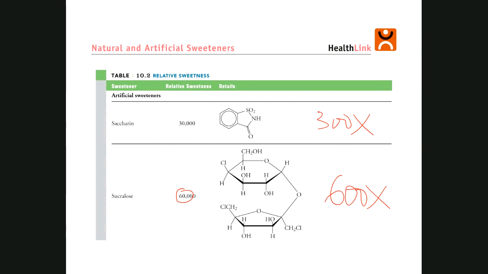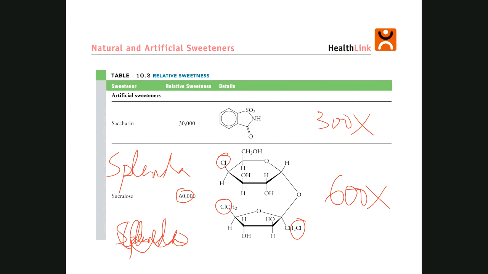This is Splenda. That's the original brand name. Again, the patent has run out. Correct, it's exactly the same skeleton as sucrose, but it's been chemically altered at several of the hydroxyls. This one and this one and this one, 3 of them, have been replaced by chlorine.